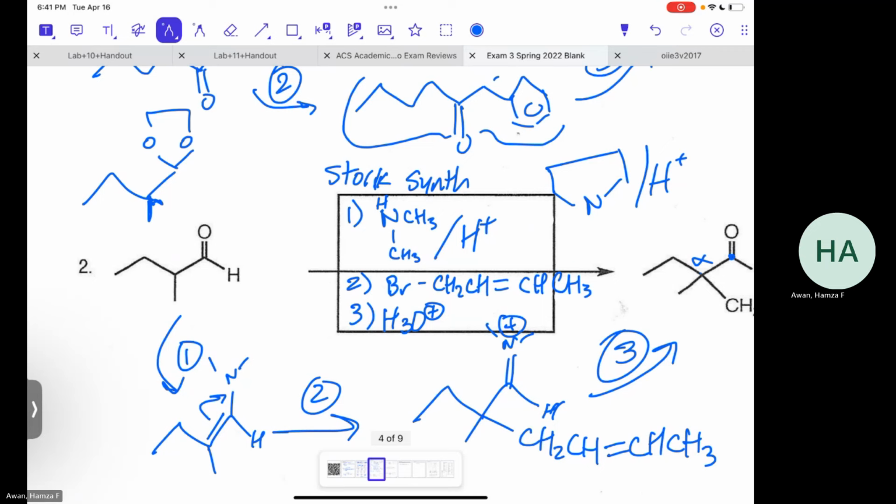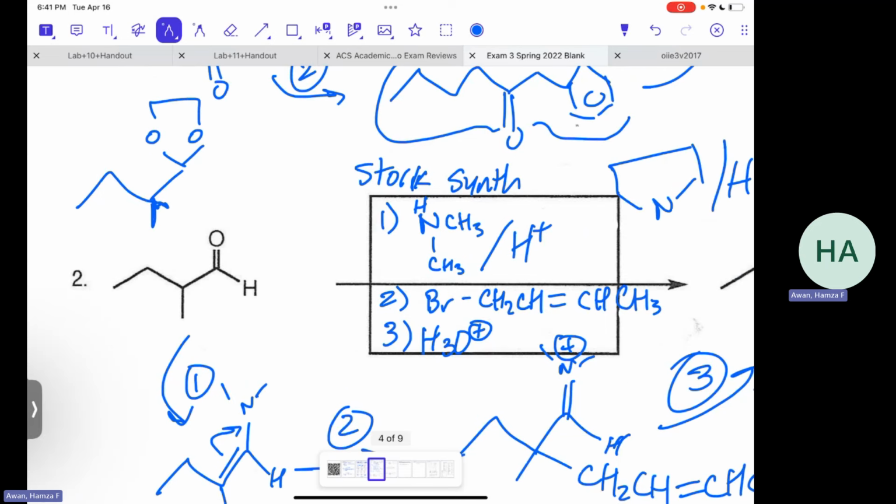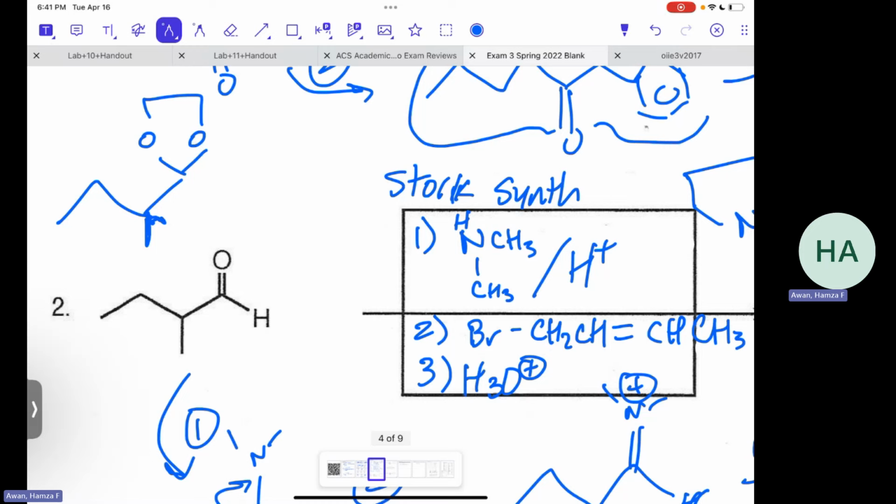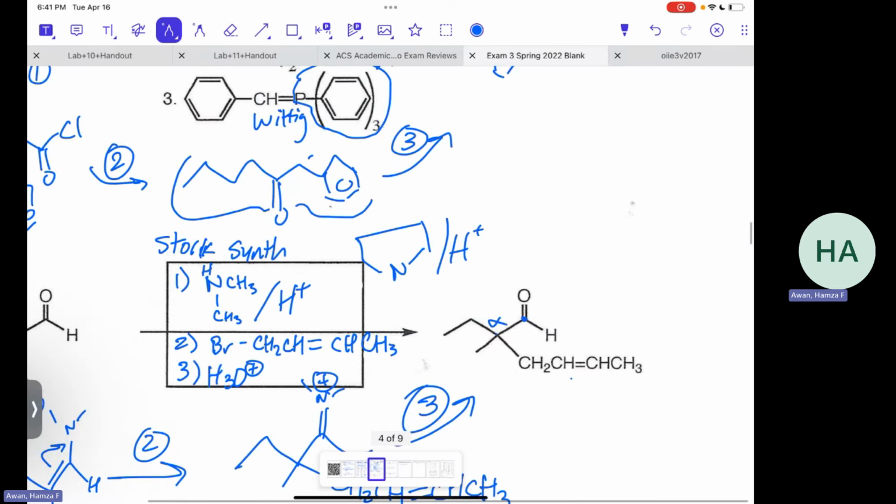NaOEt minus. Yeah, to get the minus charge onto it, because I don't think that would work for the diol, not diol, but for the ethylene. Because whenever we have that NaOEt, the group usually looks like this, right?